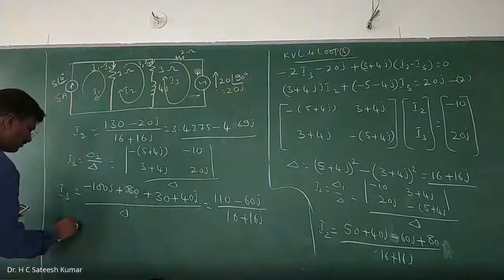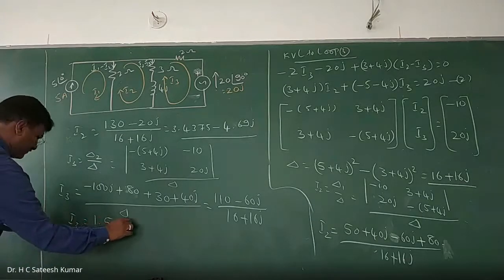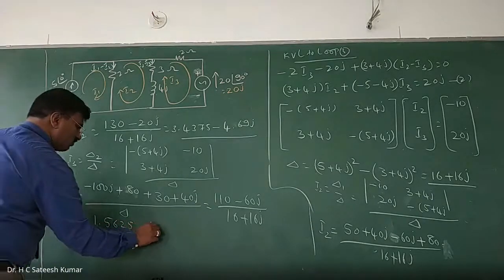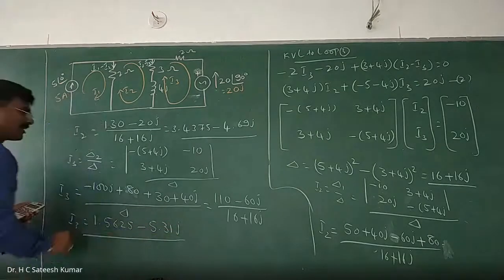I3 is equal to 1.5625 minus 5.31j. That is your I3.